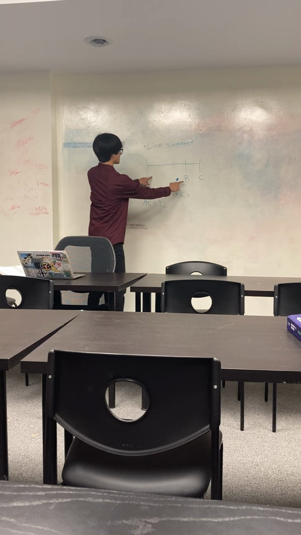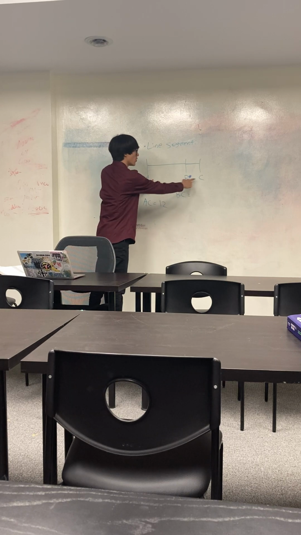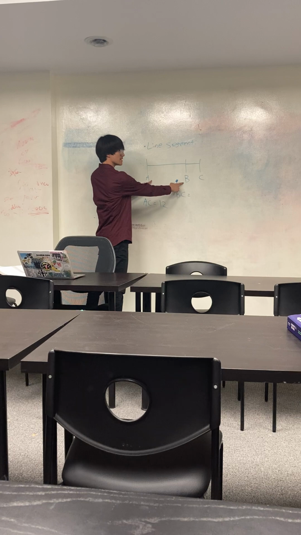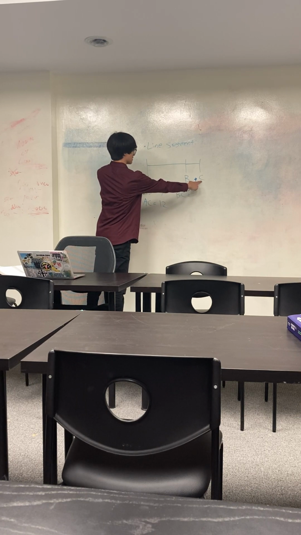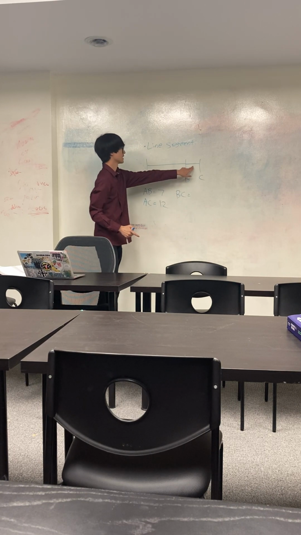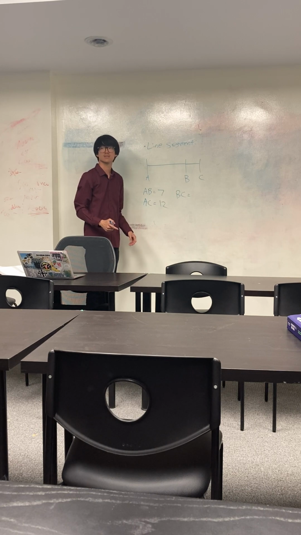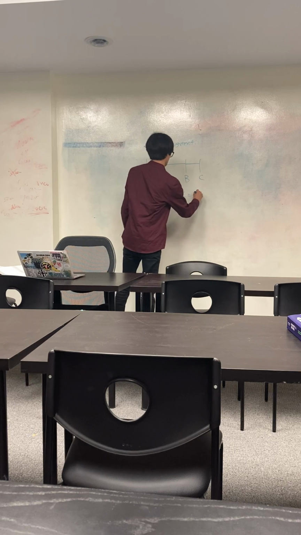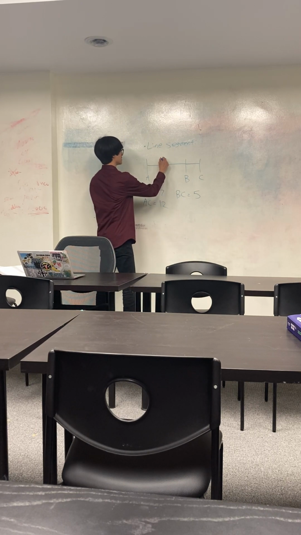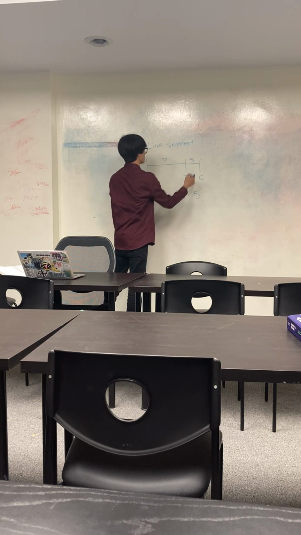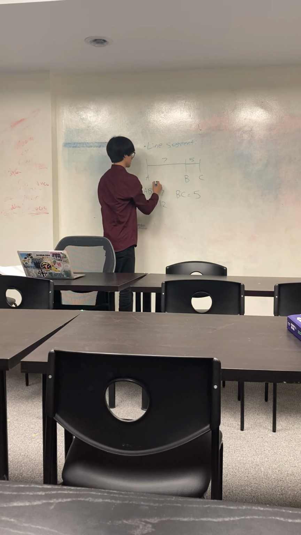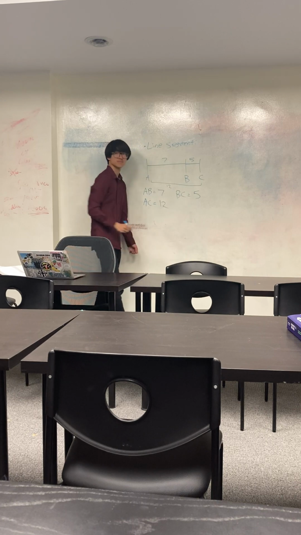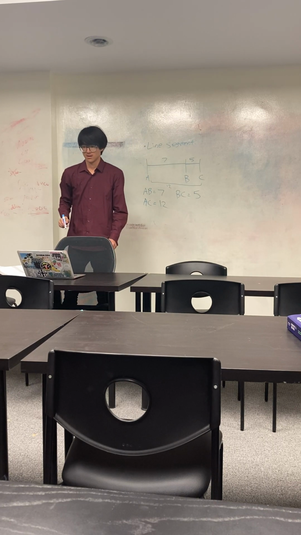So if AB is 7, and AC, the whole thing, is 12, then the length of the smaller one is going to be 5. Right? Because this is 7, this would be 5, and the whole thing is 12. Does that make sense? Okay.